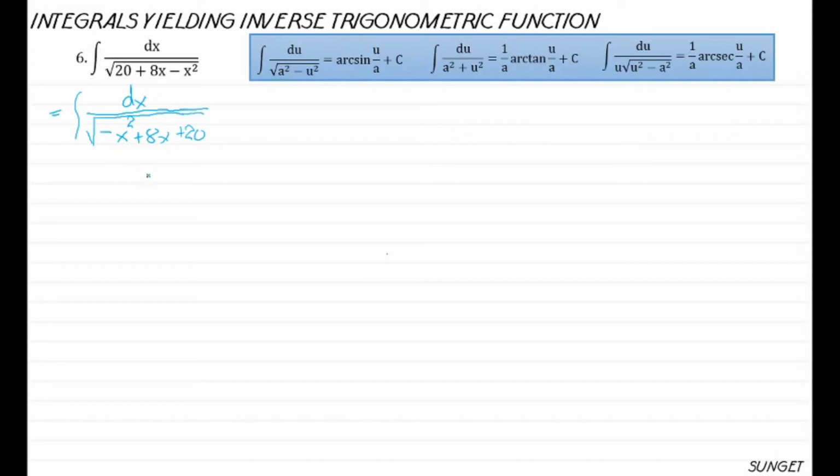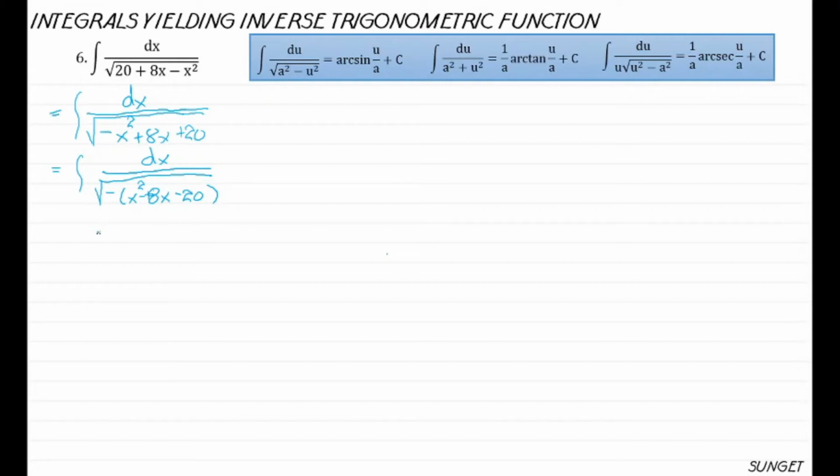Next, factor out the negative sign. We have the integral of dx over square root of negative times (x squared minus 8x minus 20).